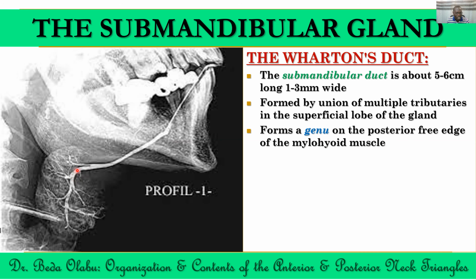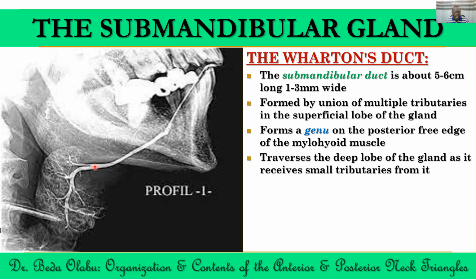And then as the duct runs through the sublingual space next to the deep lobe, the ducts from the deep lobe also join the duct, as we can see in that particular image. And so the submandibular duct traverses the deep lobe as well as the sublingual space as it runs towards the anterior side near the floor of the mouth.